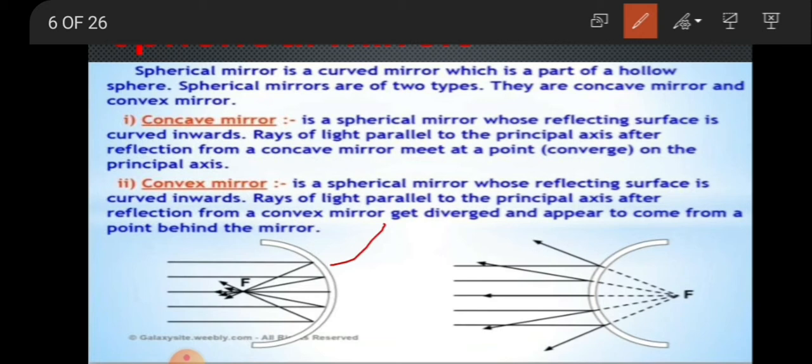That is called a concave mirror, and one whose reflecting surface is away from the center of curvature is called a convex mirror. A concave mirror is called a converging mirror, and a convex mirror is called a diverging mirror. It is called converging because it converges the rays at a point that is called the focus.